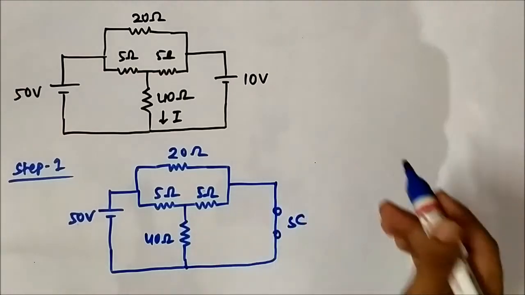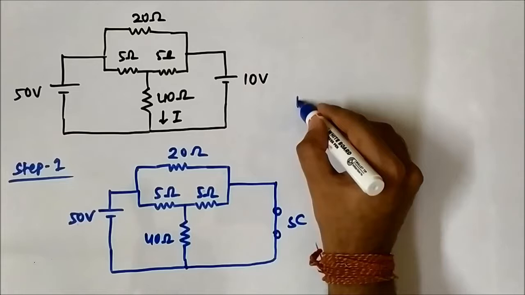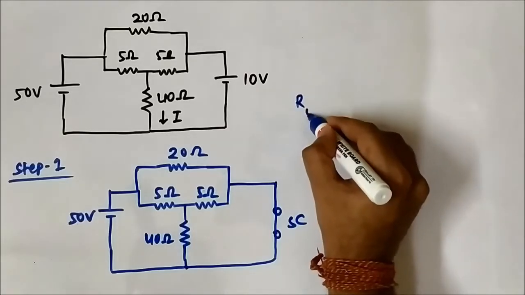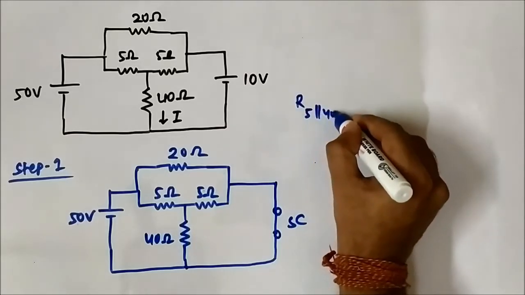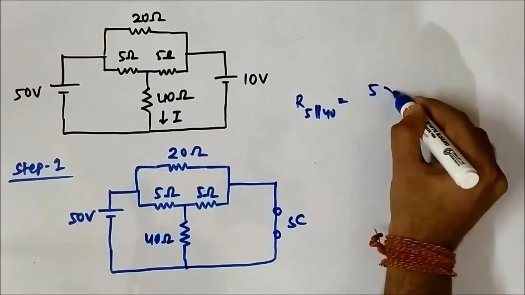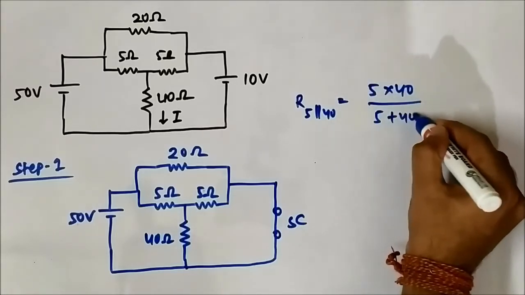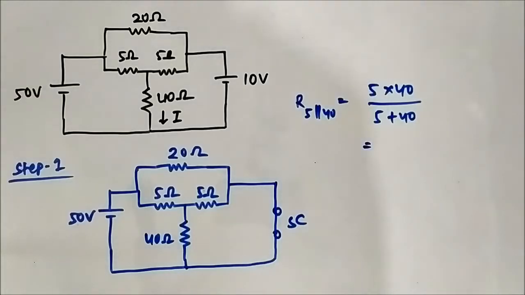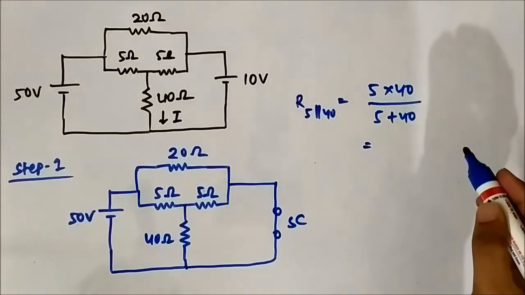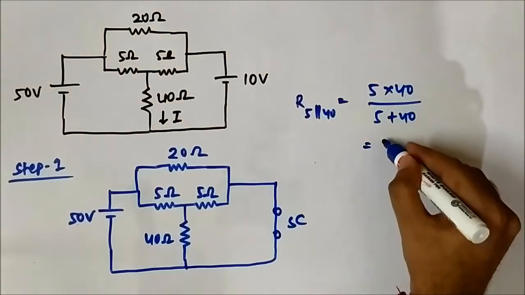First we will determine their equivalent resistance. 5 parallel 40 will be 5 into 40 by 5 plus 40, so it will be 200 by 45. Let me calculate. It is coming around 4.44 ohm.